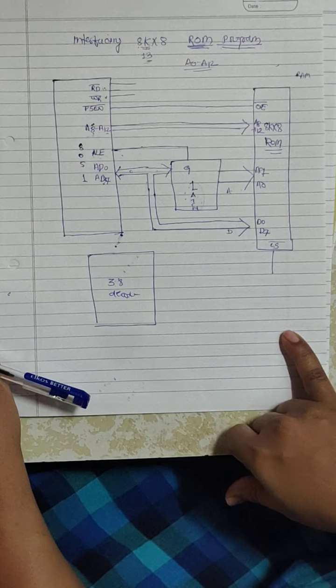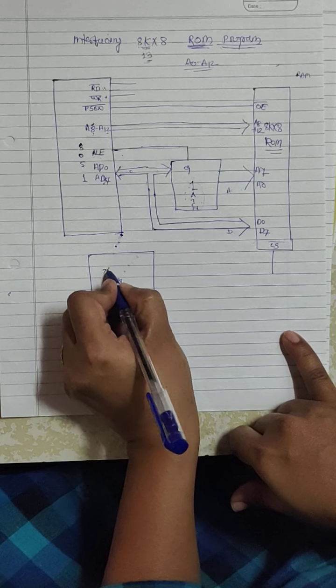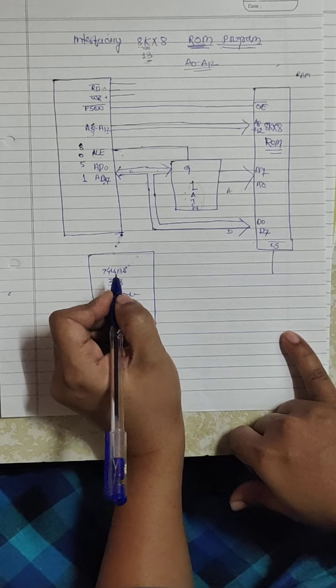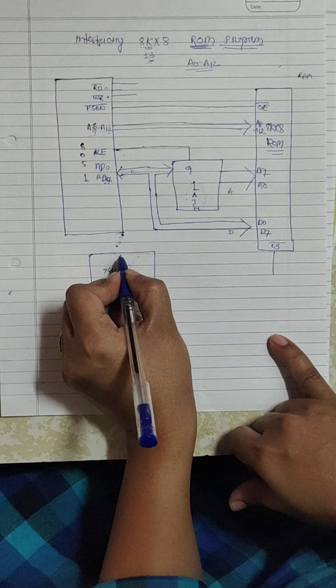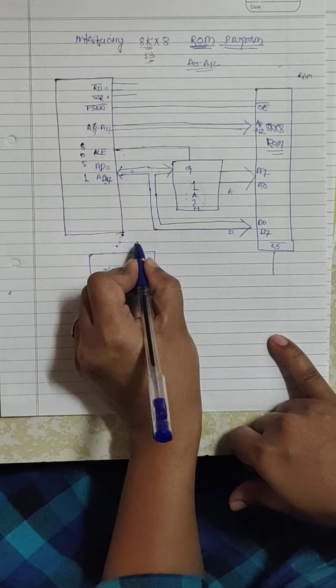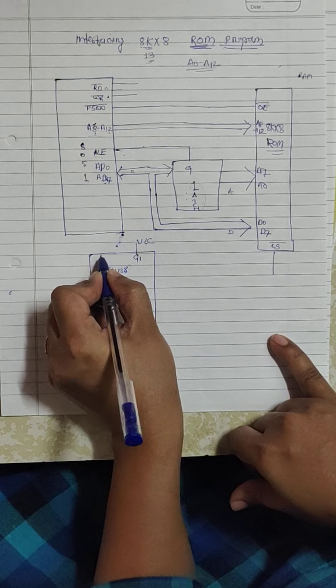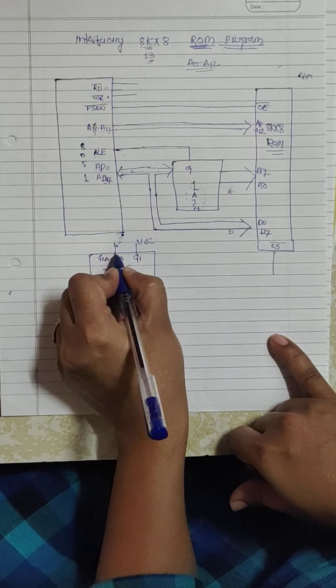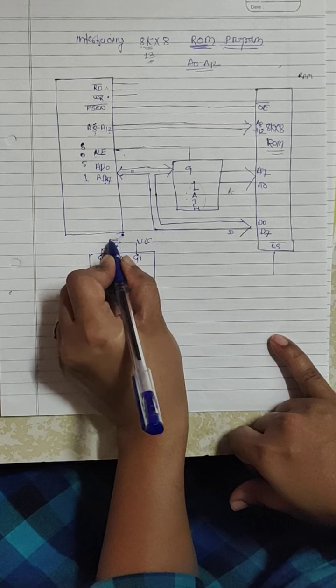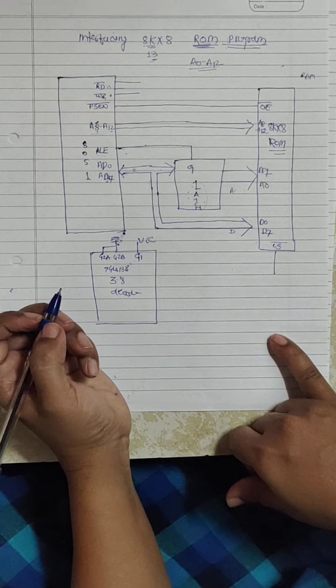This decoder is the 74LS138 decoder; different decoders are available. This decoder has G1, which must be connected to VCC, then G2A and G2B, which must be connected to ground, which means these must be 0.